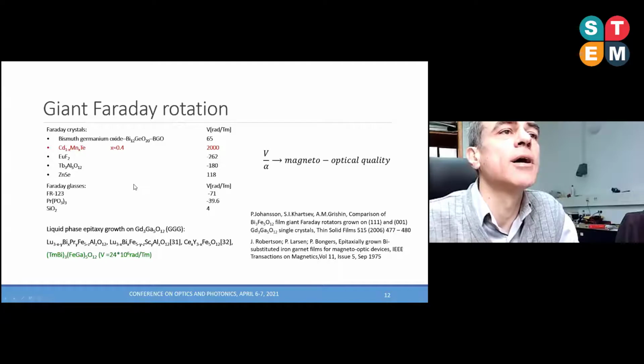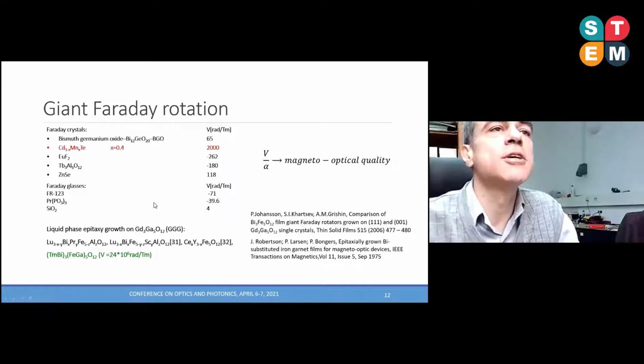And among other materials, I have to mention these materials that are reported in the literature that have giant Faraday rotations. Actually, those are thin films grown from liquid phase epitaxy on gadolinium gallium garnet.